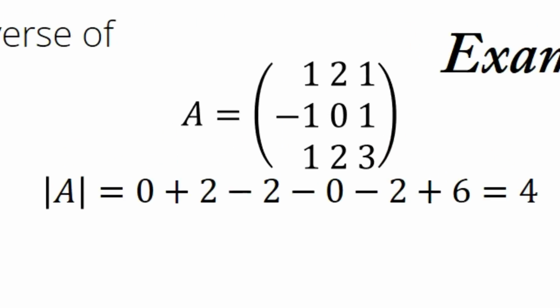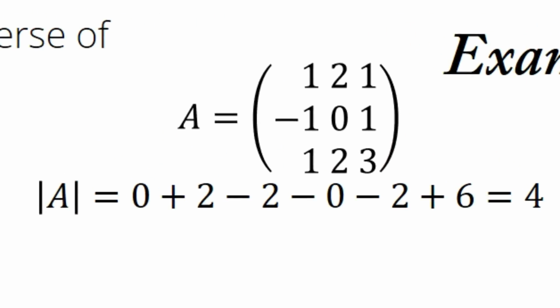I'm going to calculate it in the way that you know. I'm going to first look at the 3 diagonals that point in the minus 1 slope, and I'm going to look at the 3 diagonals that point with the plus 1 slope. So I'm going to get 1 times 0 times 3, that's 0. I'm going to get 2 times 1 times 1, that's 2. And I'm going to get minus 1 times 2 times 1, that's minus 2.